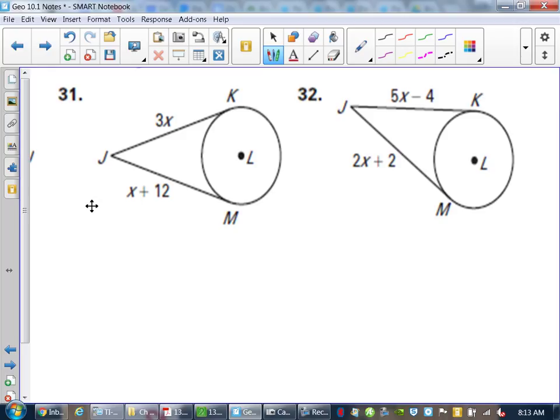By being common external tangents, they start at the same point and touch the circle at one spot, and it also means those two segments have to be equal. So algebraically, you have an algebra problem that you've all done. You get 3x is x plus 12.